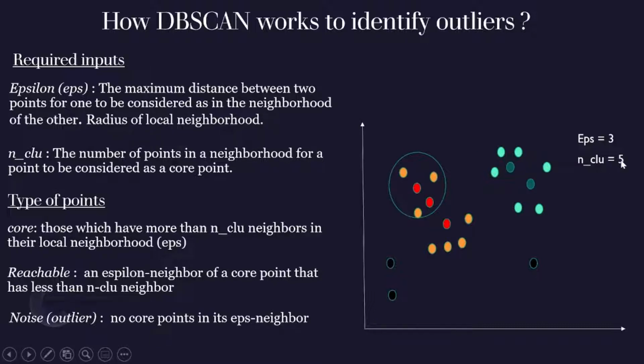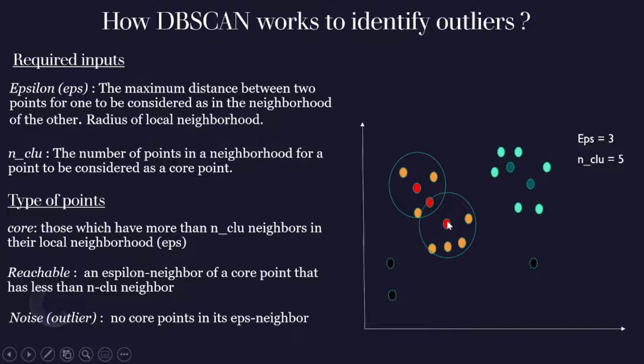We know that the n clue is 5, so therefore that point is a core point. Let's move on to that one also, and we see the same process will happen. We set our epsilon of 3, and we put the circle or the perimeter in the middle of this point.